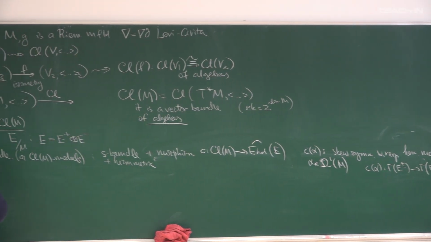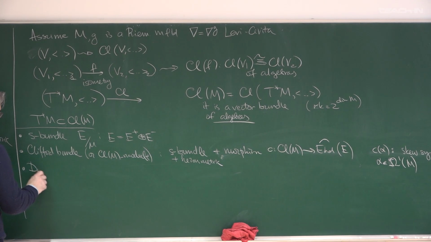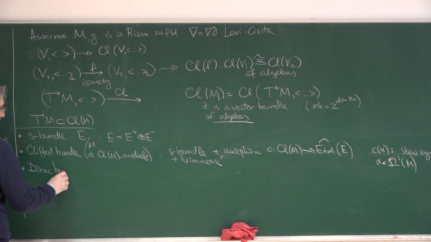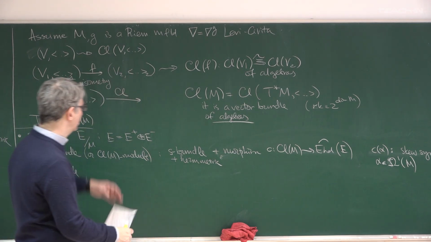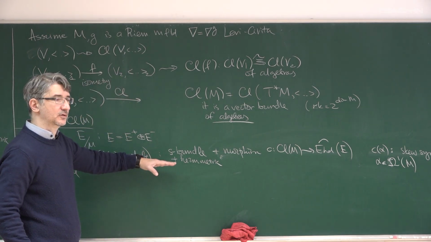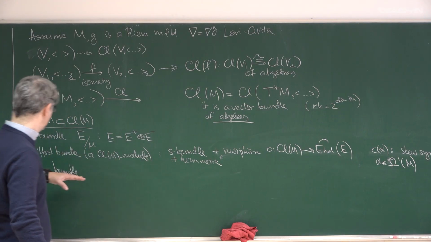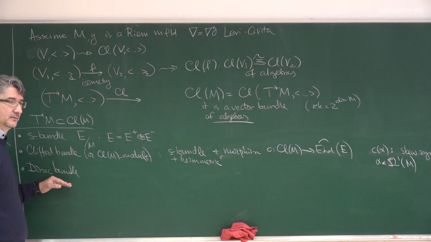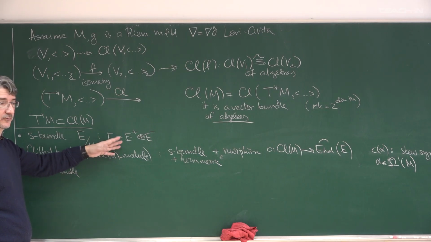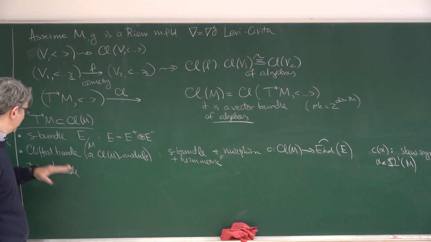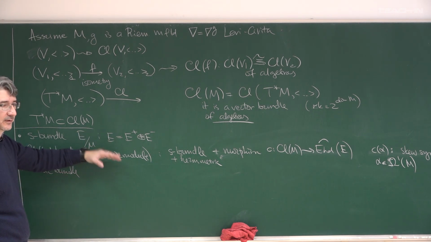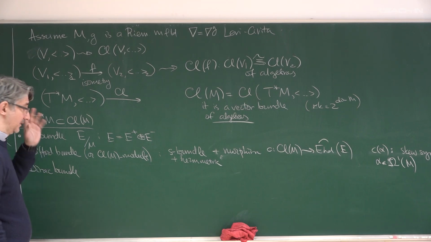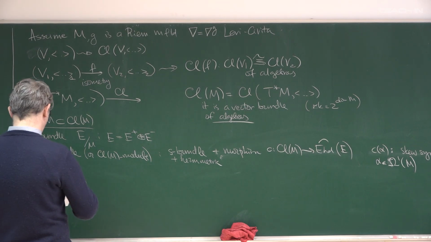Now I say what a Dirac bundle is, because there are several structures here. You need to have a splitting, you need an action, and now you need to choose a connection. The connection is new data, more or less independent of the previous data, but it should be related to all the previous things in a very explicit way.